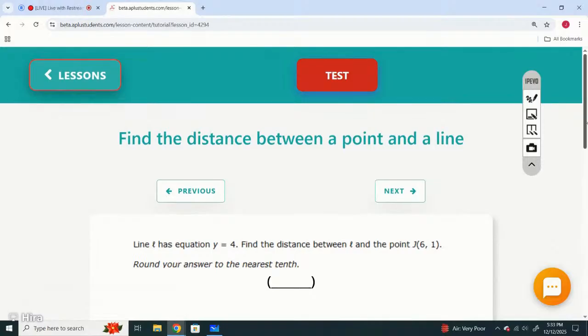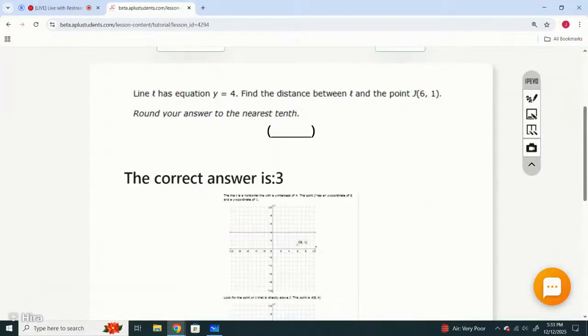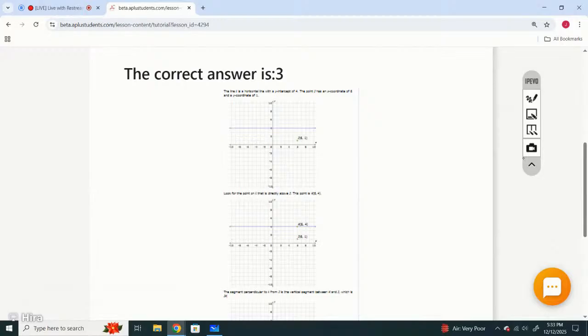Line L has the equation y equals 4. Find the distance between line L and the point J (6, 1). So the line is y equals 4 and the point is (6, 1).